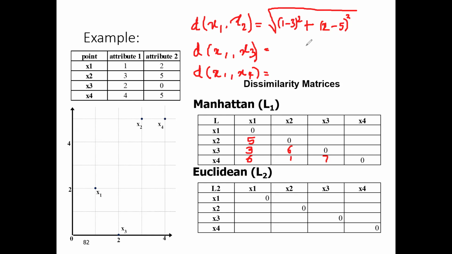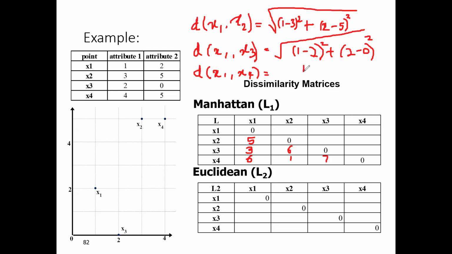Similar to that, for x1 and x3, you have 1 minus 2 squared, then 2 minus 0 squared. You square them and take the square root of this.